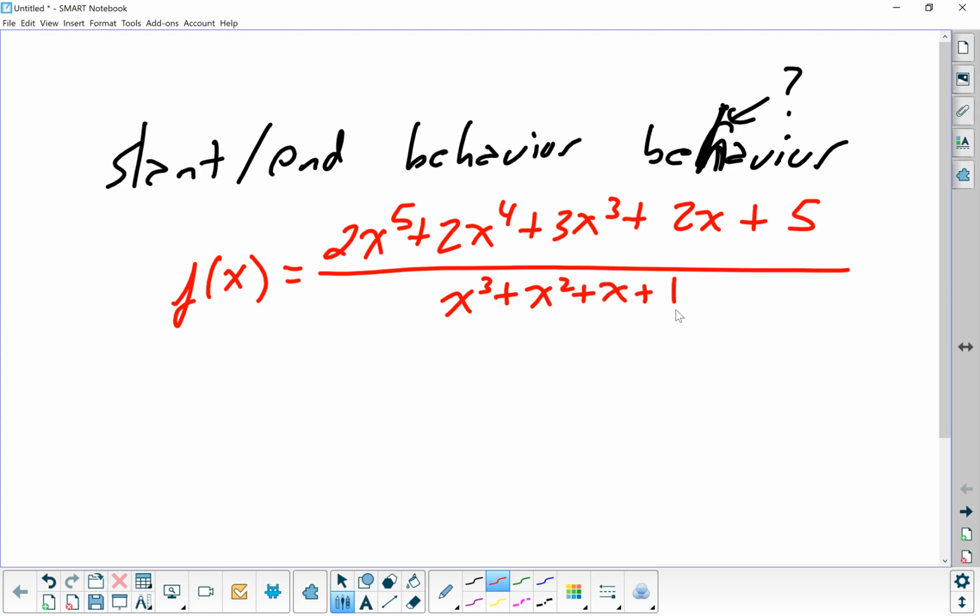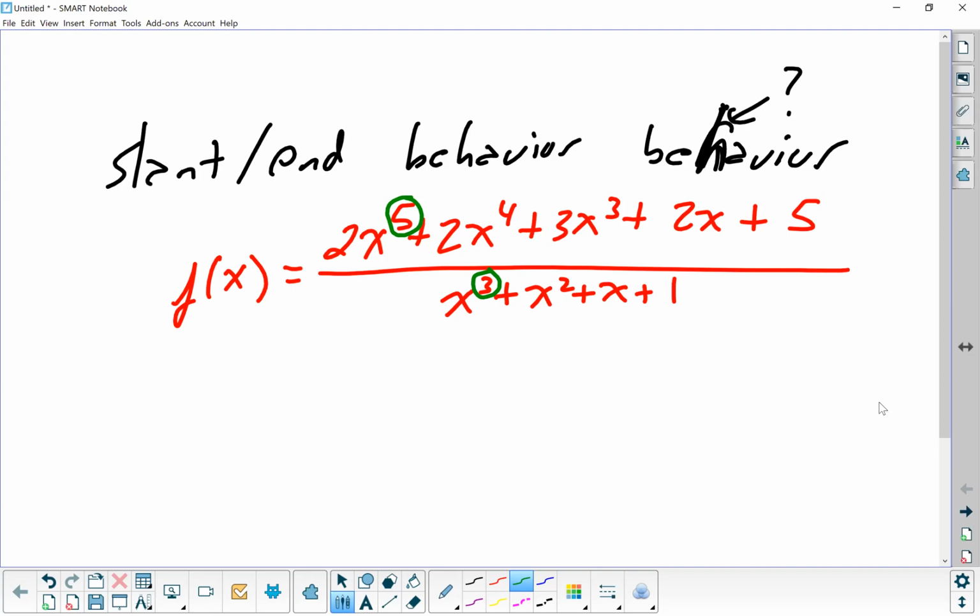Okay, so you know it's going to be end behavior because my highest exponent on bottom is a 3, my highest exponent on top is a 5. That automatically says end behavior asymptote. Yes, there are characteristics that you would have horizontal in this case, but not in this class, not on purpose.